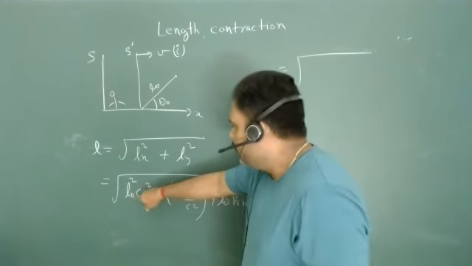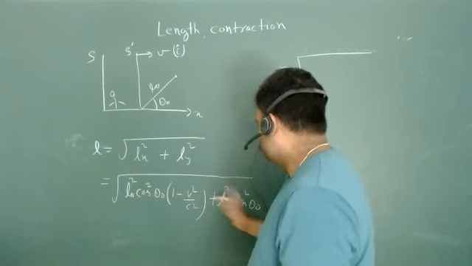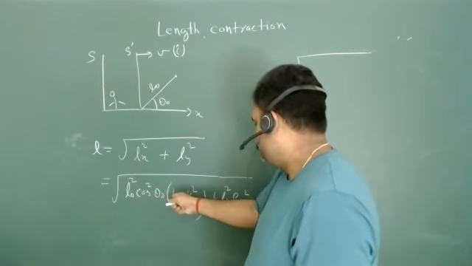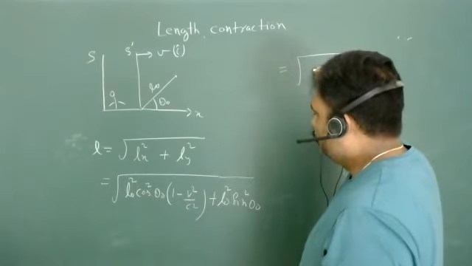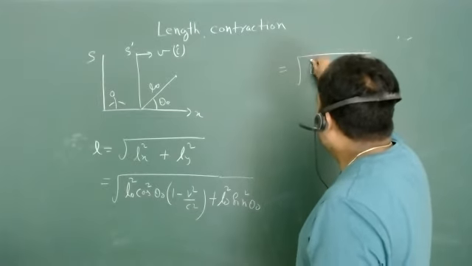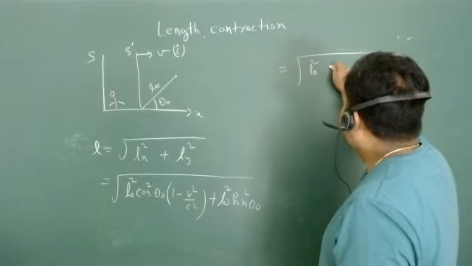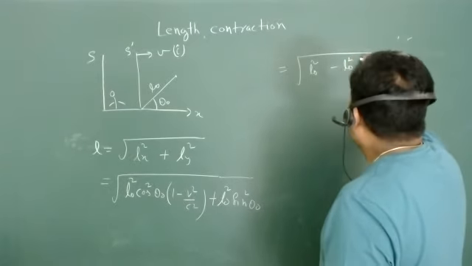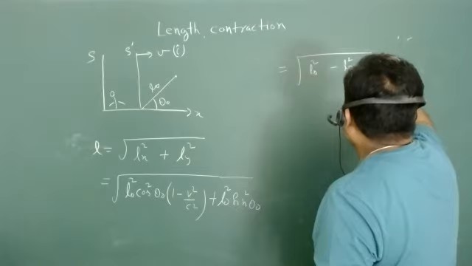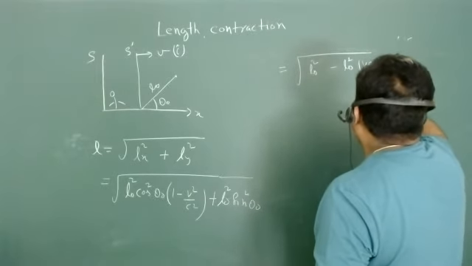Look at this. I can have L naught square cos square theta naught plus L naught square sin square theta naught, which is also L naught square. This will be 1, and the extra part will be there. So we have L naught square minus L naught square times v cos theta naught square upon c square.